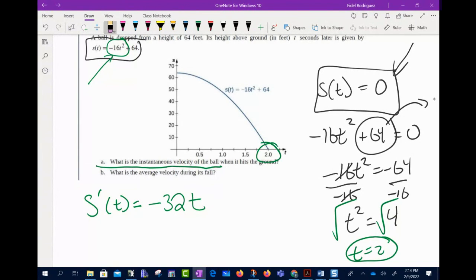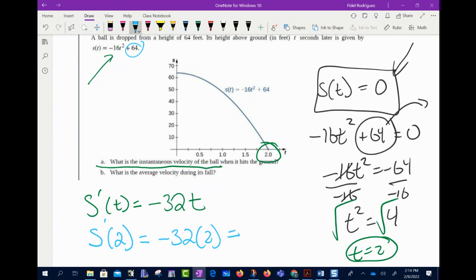And then everybody agreed that the derivative of 64 is 0? Because I'm finding the derivative of that function. What we're going to do now is evaluate that at 2. So the instantaneous velocity, negative 32 times 2 would be negative what? Negative 64. The units here are going to be feet per second.